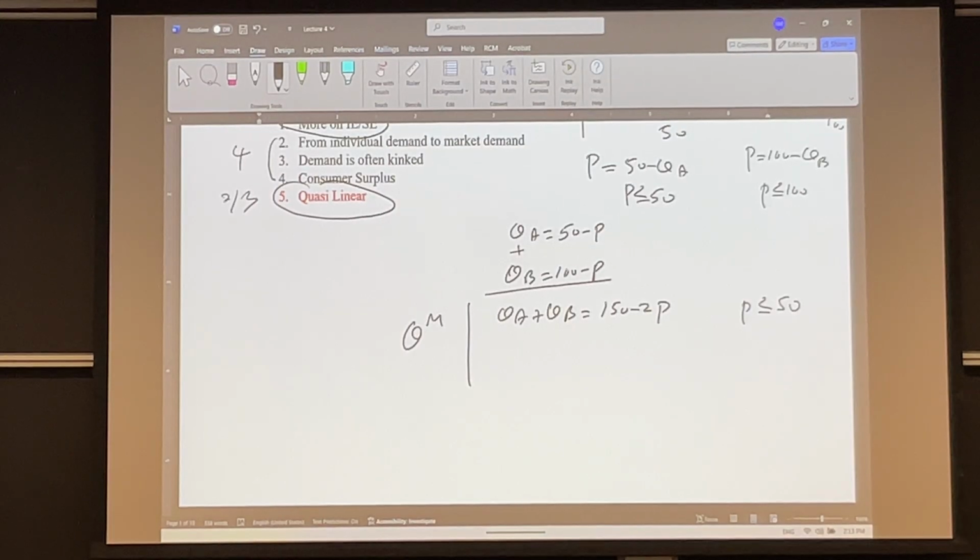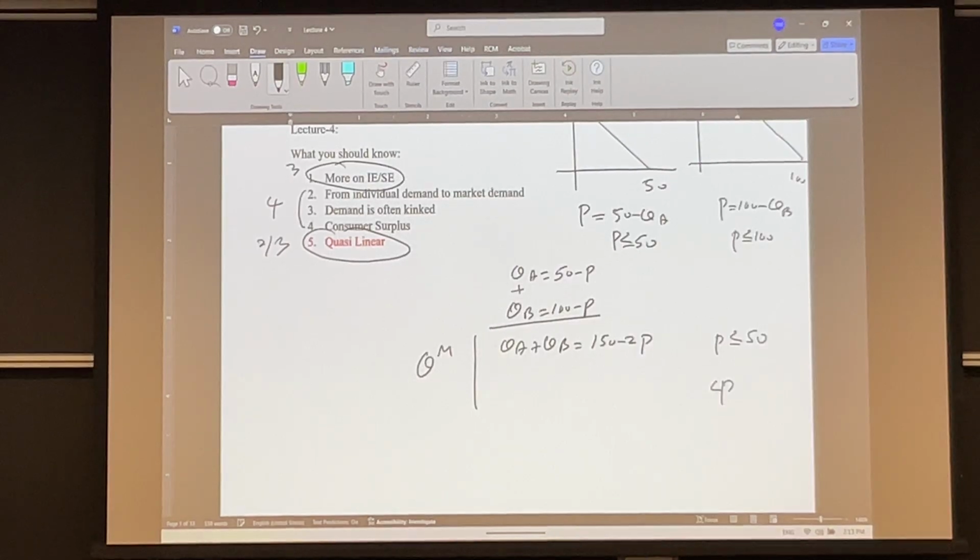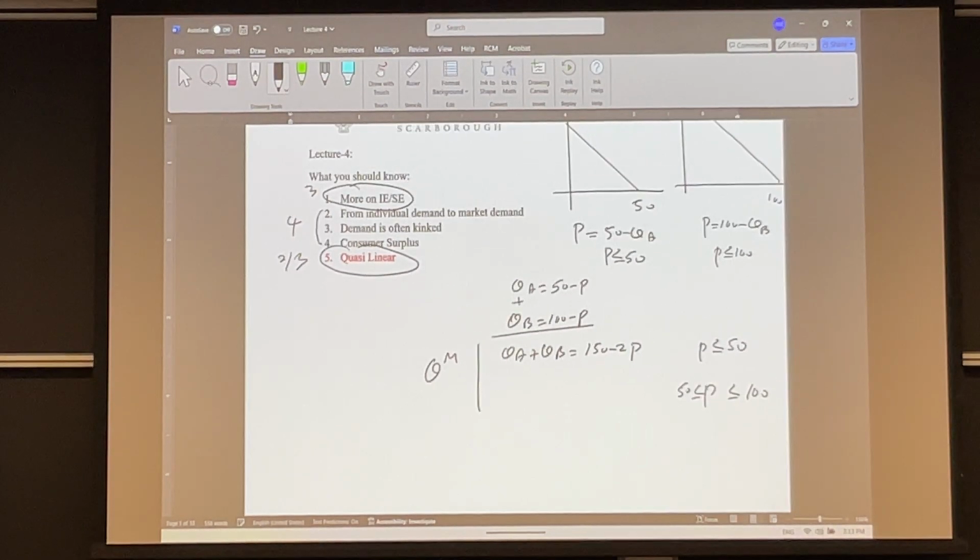Make sense? But when the price goes up, then who leaves the market? A will leave the market, B is still there. That will be the market demand then. The market demand then becomes B, which is this one.